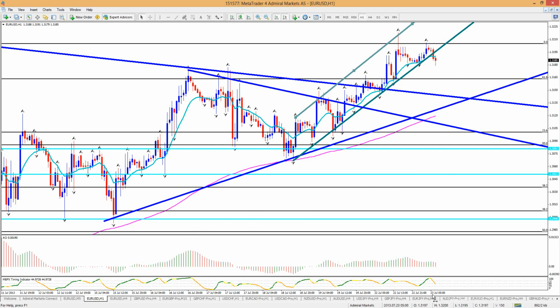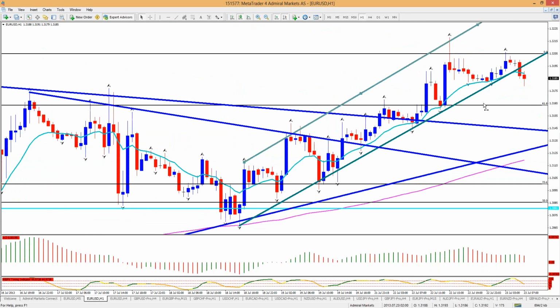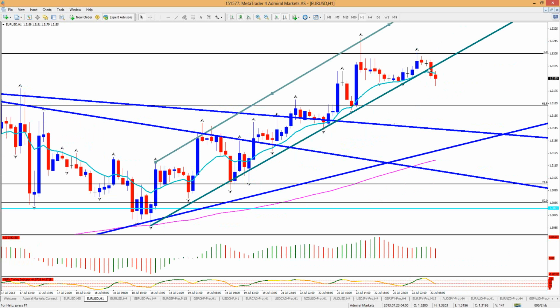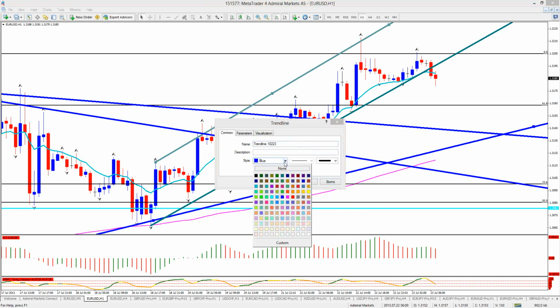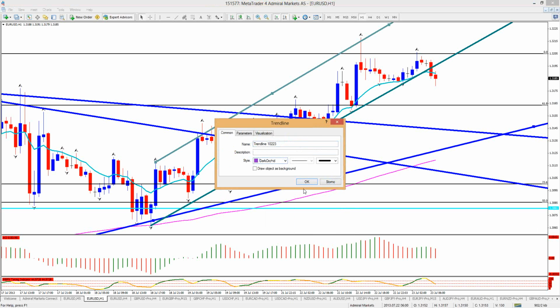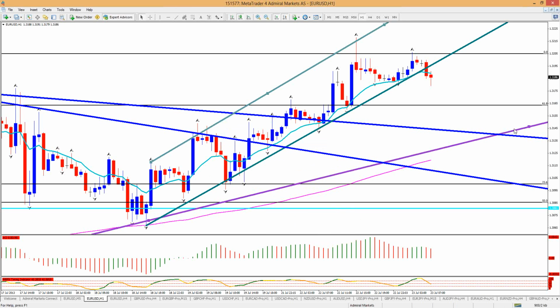Now, I wouldn't trade it right now, because if you look at the current price action, you can see bearish 1 hour candles. You can see a break of that trend line, that channel we talked about. But then again, we also broke out of those dark blue lines, and we're above this lower blue line. Let me change that to something like purple. So we're above purple, above those dark blue lines that we broke. So to me, looking for a long makes more sense.